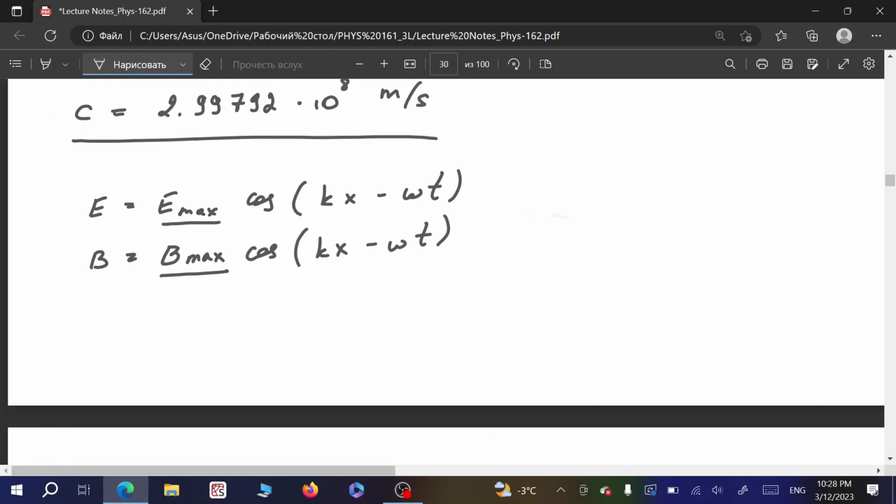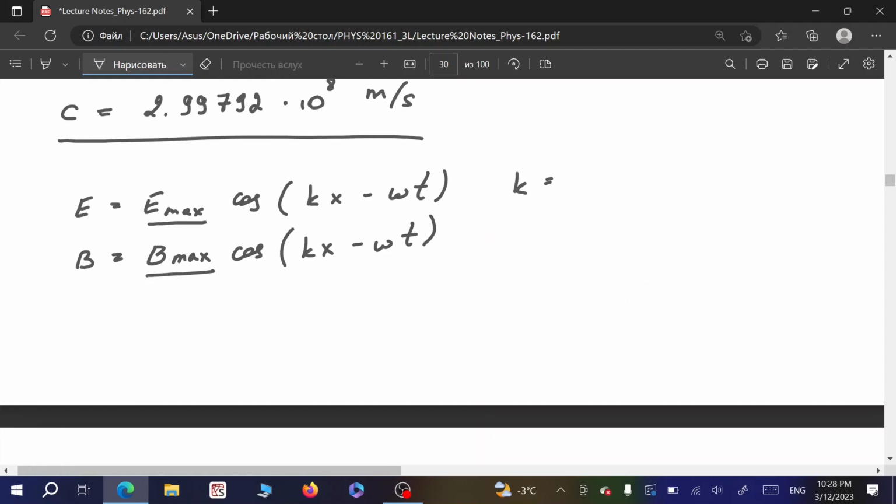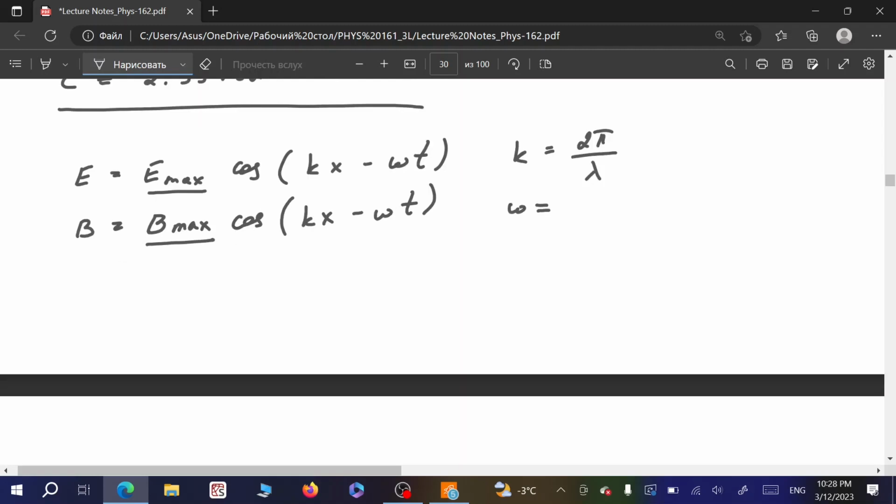Then k, you should know what k is, but as a reminder, that is the wave number, 2 pi over wavelength lambda, and omega is angular frequency, that is 2 pi times f, where f is frequency.